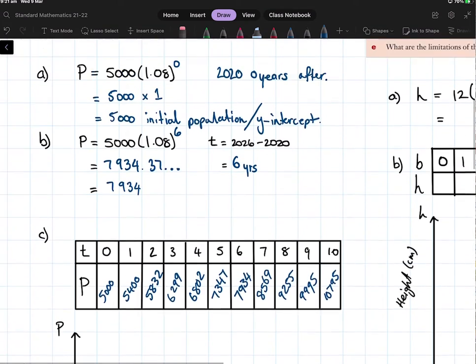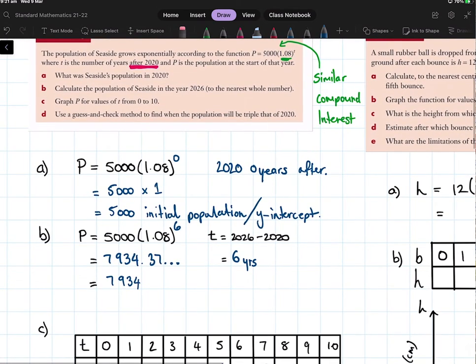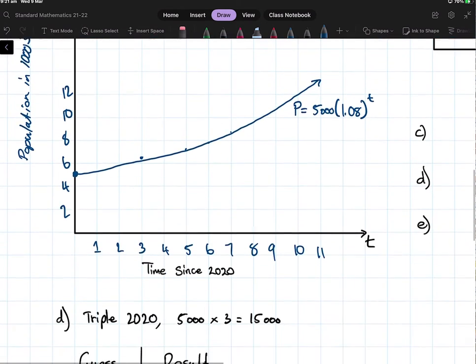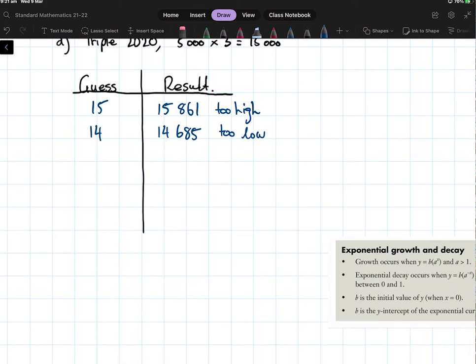Now, if we go up to the question, it says when the population will triple that of 2020. So I'm having a look at this. It's somewhere in the year 2034. If I think about that, at the beginning of 2034, it's too low. At the beginning of 2035, it's too high.